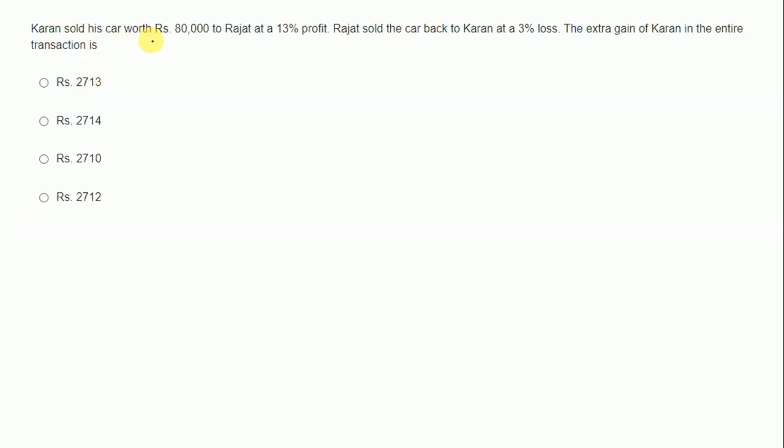Karan sold his car worth rupees 80,000 to Rajat at 13% profit. Rajat sold the car back to Karan at 3% loss. The extra gain of Karan in the entire transaction is? So first of all, the worth of the car is 80,000 and Karan has sold it at 13% profit.